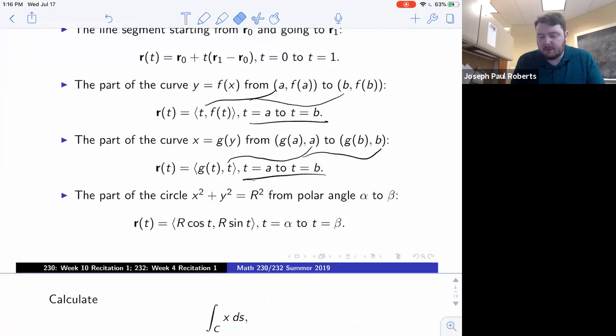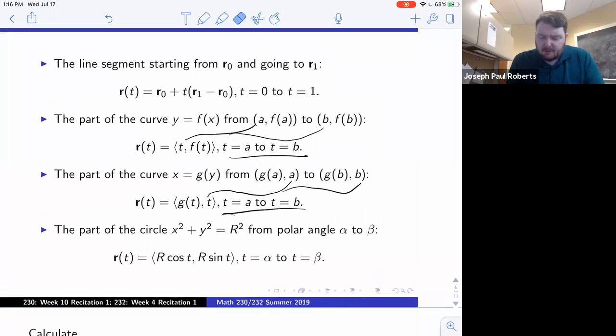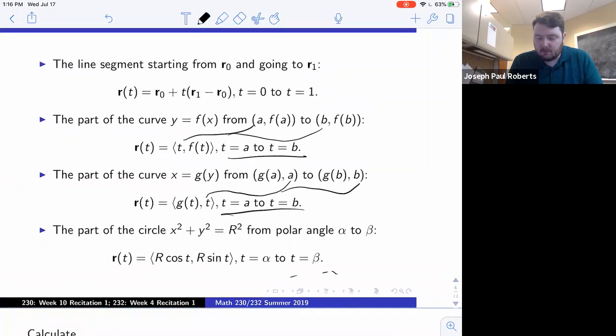So if we can avoid putting square roots in r, we probably should. And so anyway, the best way to trace out a circle is using cosines and sines. So in that case, t is basically functioning as your polar angle. So your t limits are going to come from the angle that you're talking about in this circle.